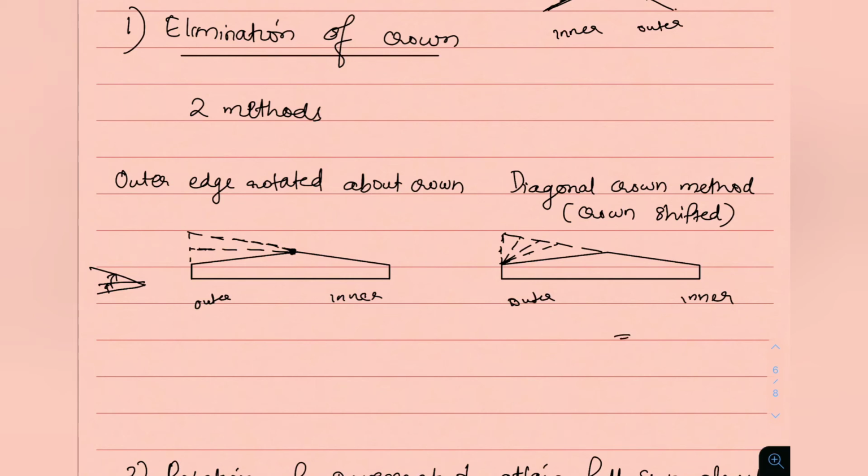This is called the diagonal crown method, where the crown is getting shifted, and then we attain the total super elevation. In the other method, negative super elevation will be there, in these portions and everywhere. So this is very difficult for vehicles to travel with.